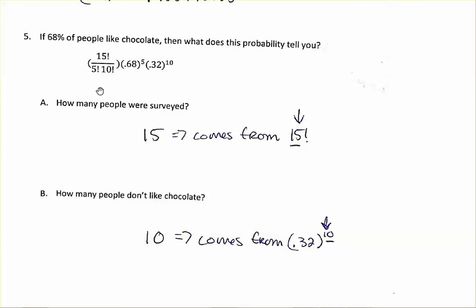If they want to know the number of people who like chocolate, that would be 5, because it's 0.68 raised to the 5th. If they want to know the percent of people who don't like chocolate, that would be the 0.32. There's lots of information you can get from this formula, and those are the easy questions because you can just look at it and answer it. I hope this helps, and let me know if you have any questions.